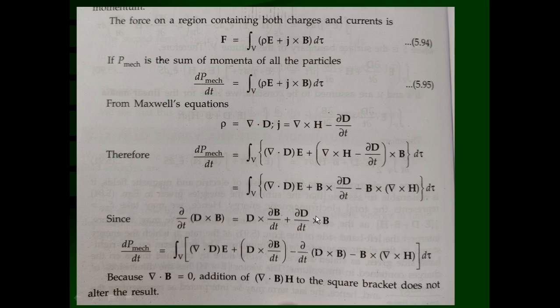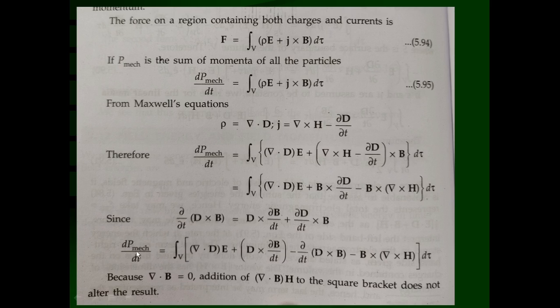So we'll make it the subject of the formula. So this will go into the left hand side, it becomes negative. Again interchanging their orders, that means B cross ∂D upon ∂t becomes positive. That is equal to D cross ∂B upon ∂t minus ∂t of D cross B will be there. That can be substituted for this part.